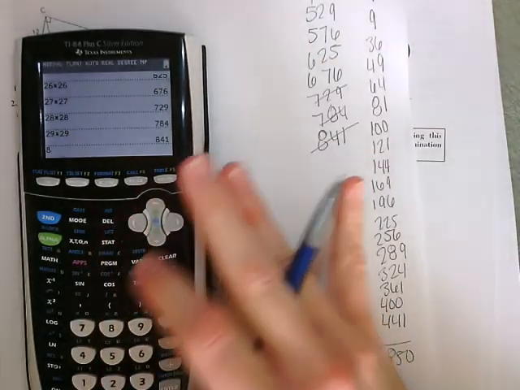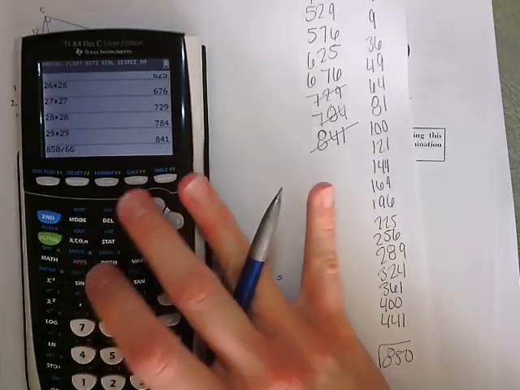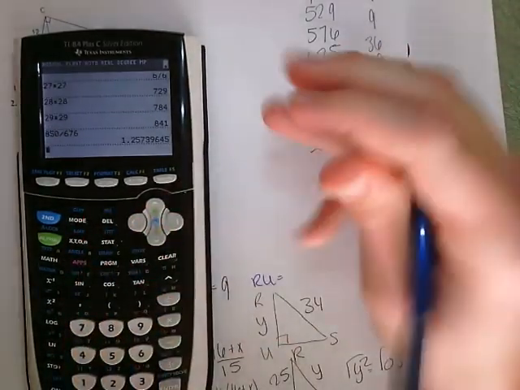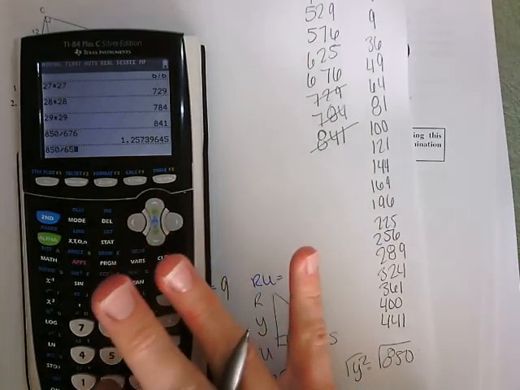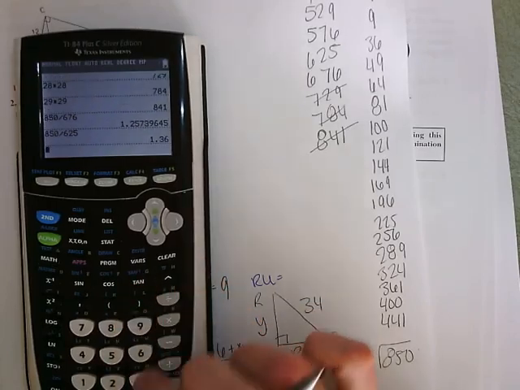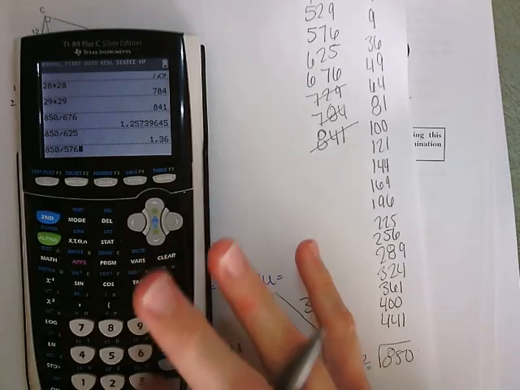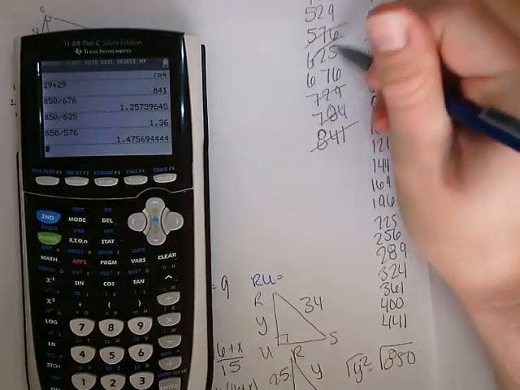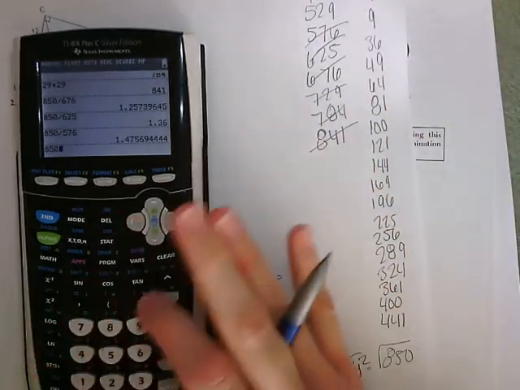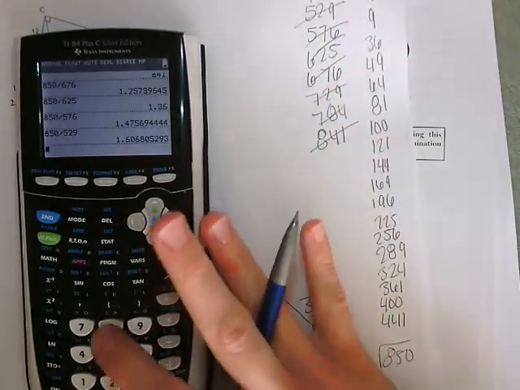Those probably aren't going to go in. 625. So those don't go in.